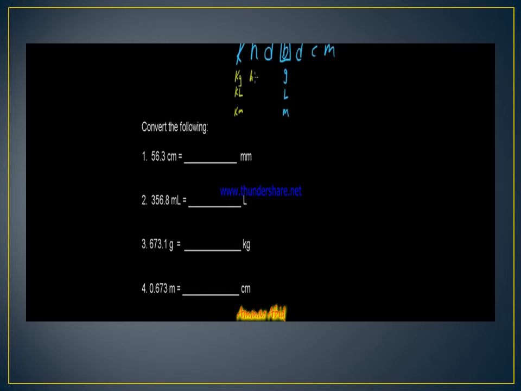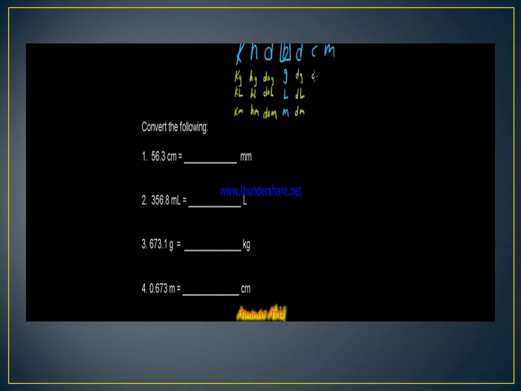Then you could have hectograms, hectoliters, and hectometers. Deca here is DA, so it could be DAG, DAL, or DAM. Deci would be DG, DL, or DM.